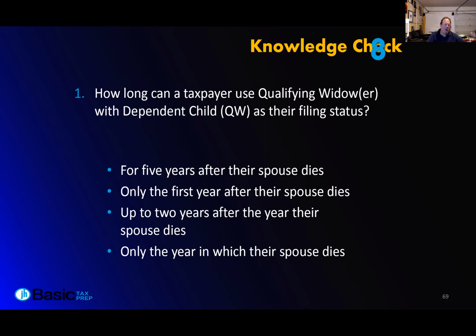You can't guess, oh, it's 5 years, or only the first year after the spouse dies. You have to know that it's 2 years. So there's not a simple way to guess that it's something else. So it is only up to 2 years after the year after the spouse dies.